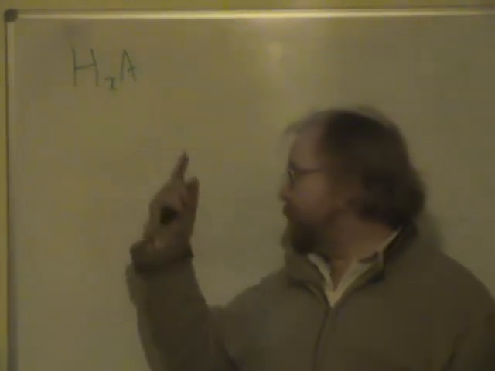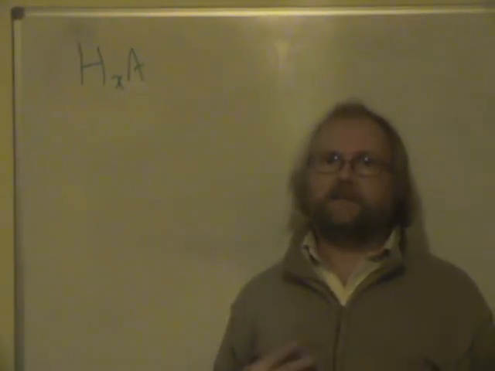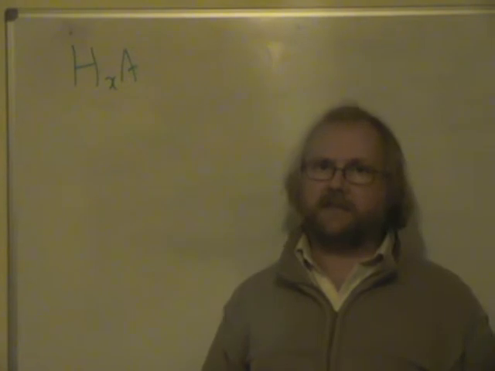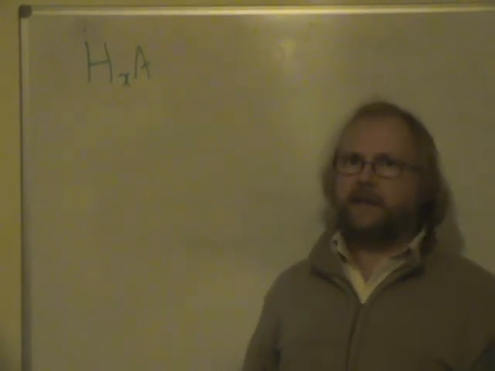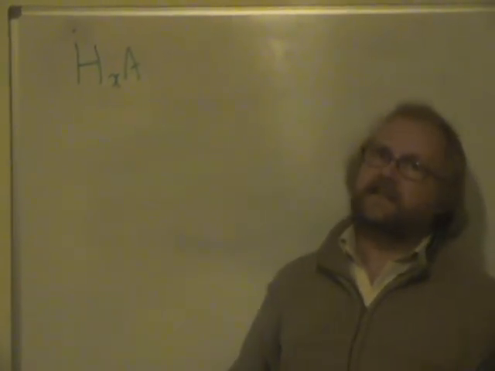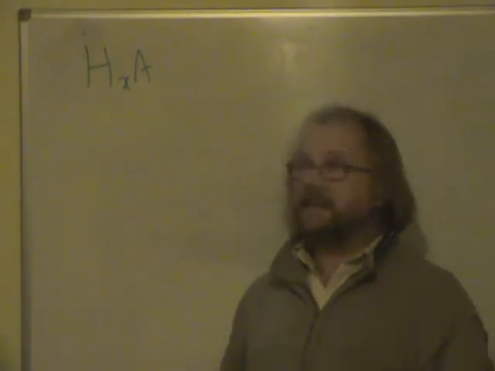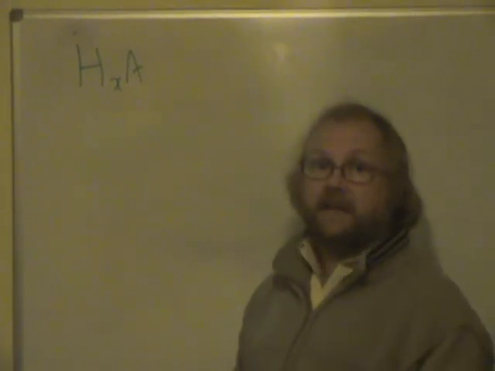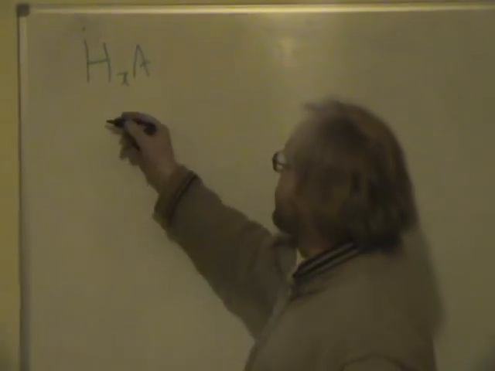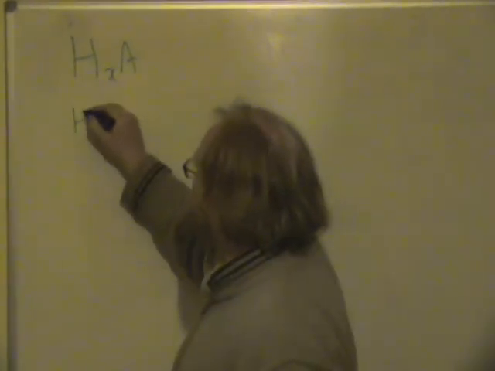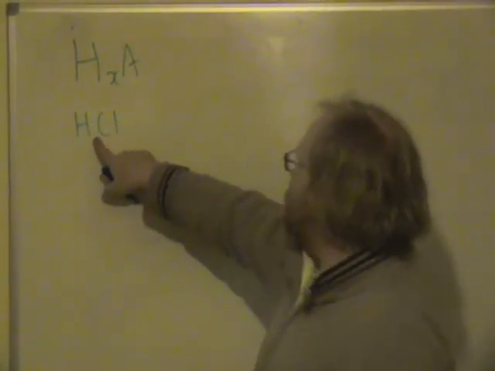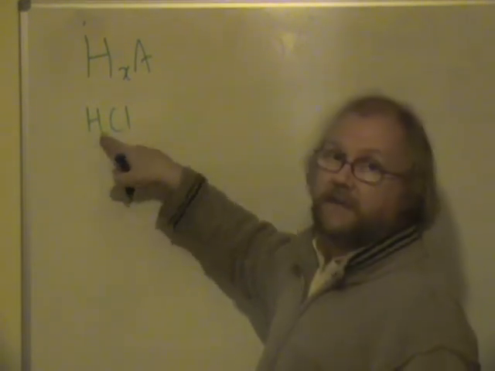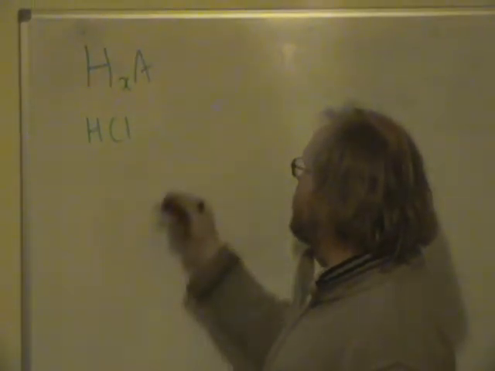And the way we're going to find out what X is equal to is by looking at the reaction with sodium hydroxide. So I think it would help, if you're worried by that, to just think about more familiar acids and the equations for their reaction with sodium hydroxide. So if we take HCl, where X is 1, there's just one proton provided by each HCl.